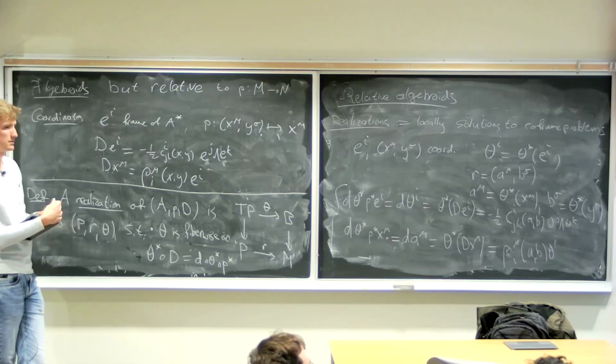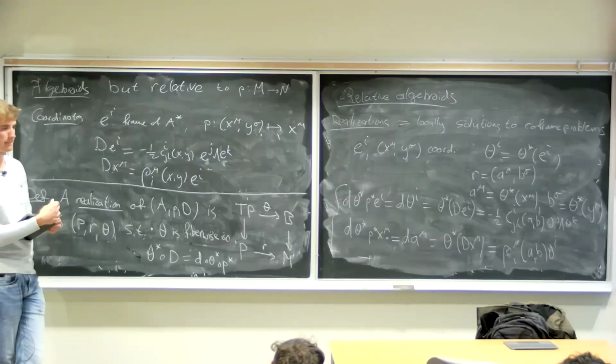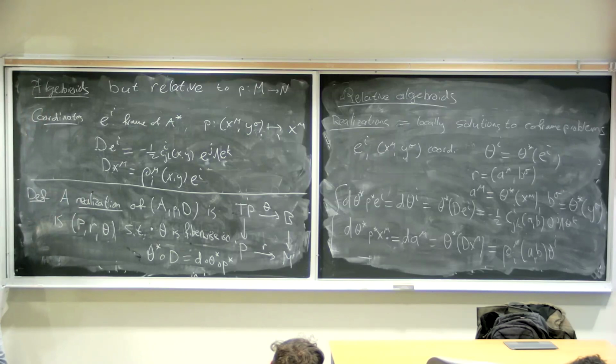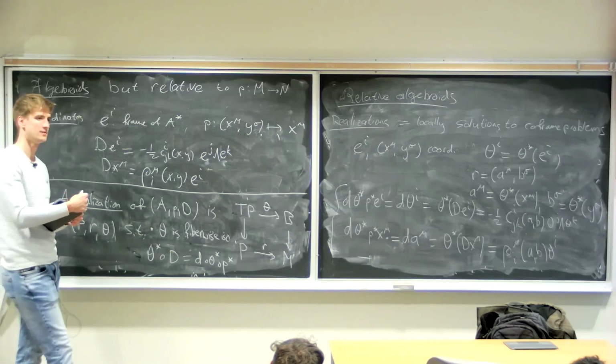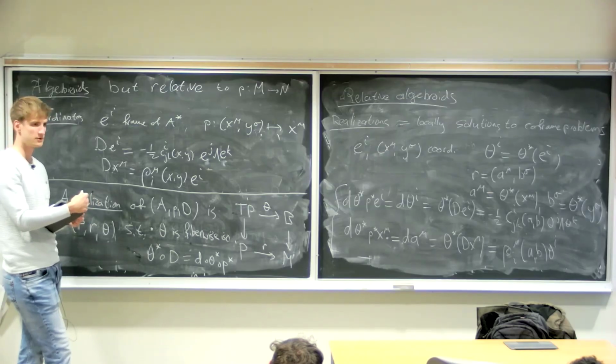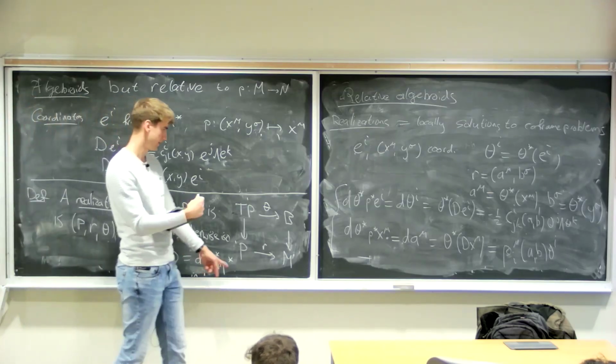So in that case, if you take the left invariant vector fields on the Lie group, you can recover the Lie algebra. So when you say that you have a realization of the relative algebroid, that means that the relative algebroid can now be rewritten in terms of the de Rham complex of this thing, along the map R.